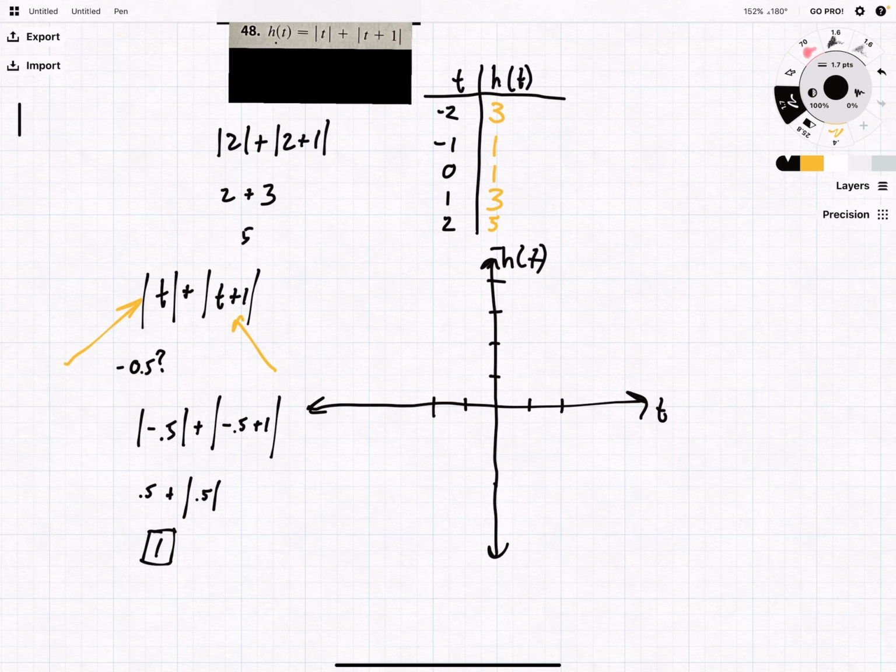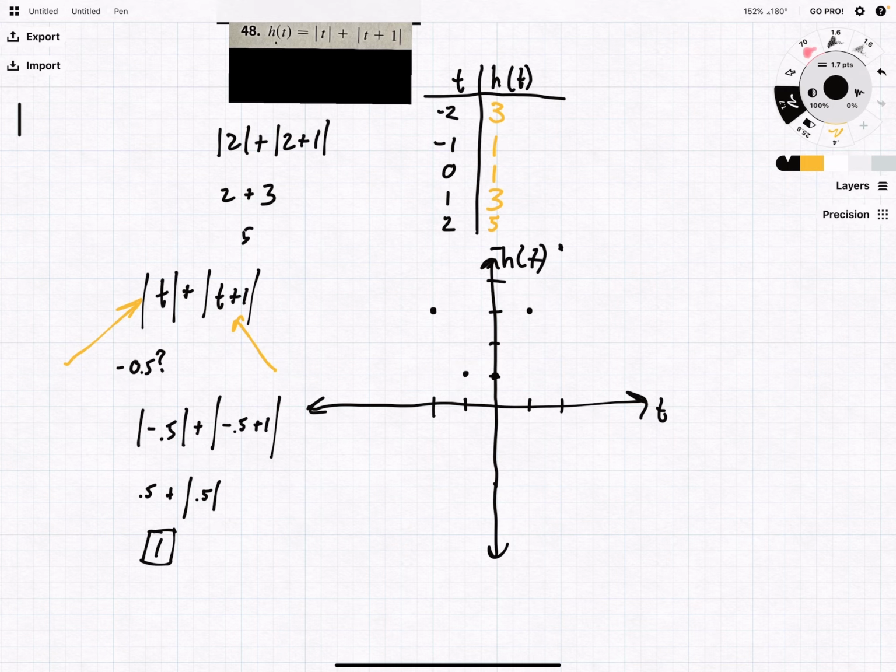At negative 2, we have positive 3. At negative 1, we have 1. At 0, we have 1. At 1, we also have, oh, let's see, my positive 3 is in the wrong spot. At negative 2, we have positive 3, which is way up here. There we go. At 1, we also have positive 3, and at 2, we have positive 5.